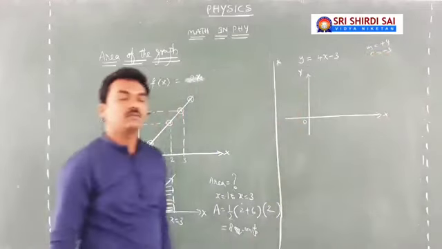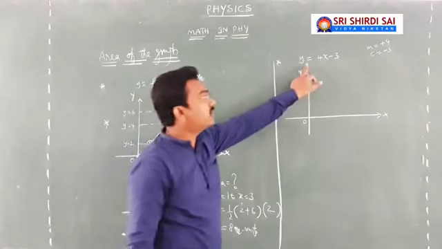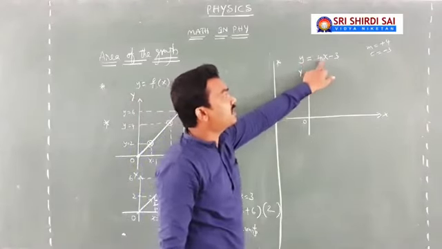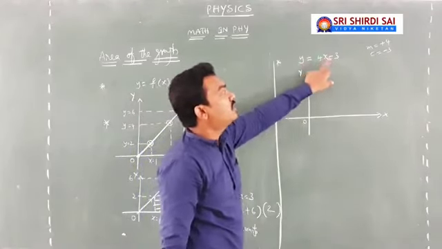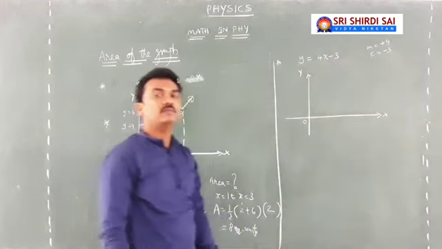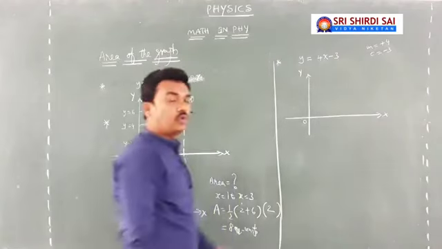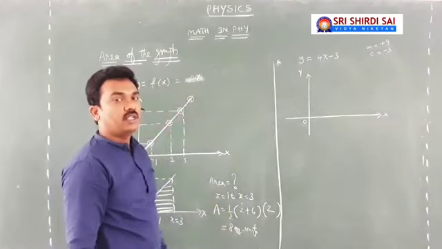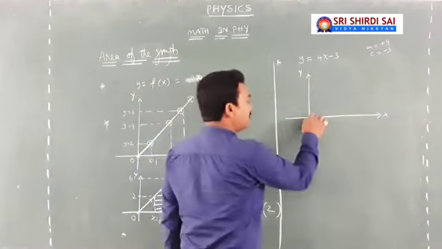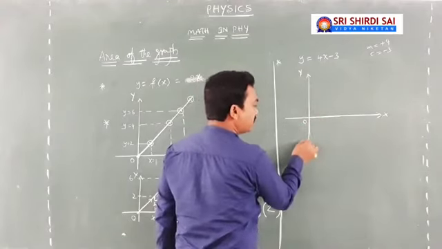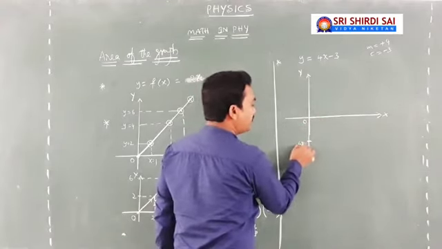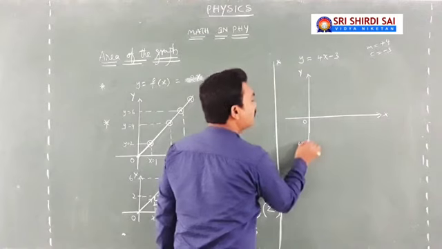Is it clear or not? Compare your equation with y equal to mx plus c. m equal to 4, c equal to minus 3, because it can be written as 4x plus of minus 3. So its graph is a straight line having y-intercept minus 3. The y-intercept is negative, don't forget.